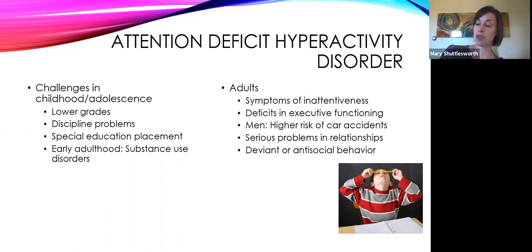Neurodevelopmental means that it is connected to the nervous system, in particular the brain, and development, how the brain grows and changes. And so we know that the brains of children who have ADHD are qualitatively different than the brains of children who do not. So you don't really outgrow ADHD. You oftentimes just figure out ways to manage it. And if you know someone who's an adult who has ADHD, they might tell you some of those ways that they actually manage it.